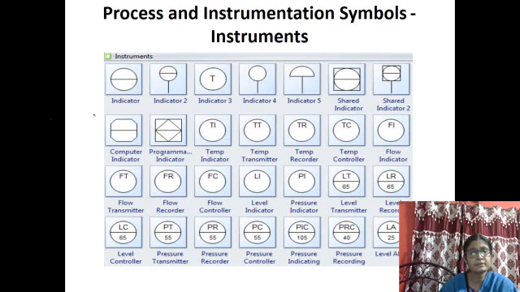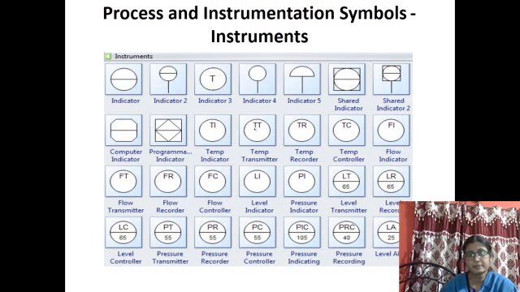Next are the P&I symbols for different instruments. This is for an indicator, a circle with hatching. This is an indicator, another type of indicator. What I want to say is that this is the temperature indicator, TI. The first letter is the process variable, and the second one is the device.